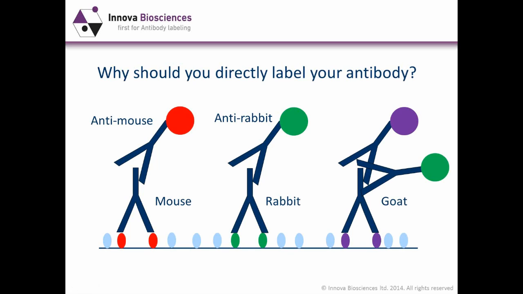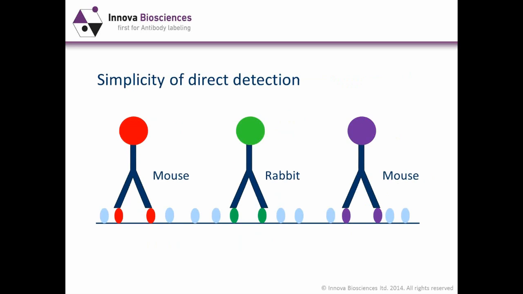So there are some advantages in labeling the primary antibody, which is shown here. You can just see from looking at the schematic, this is so much easier to understand. And in this particular case, we've got 2 mouse antibodies, but we can accurately report the presence of the purple and red antigen without any confusion.